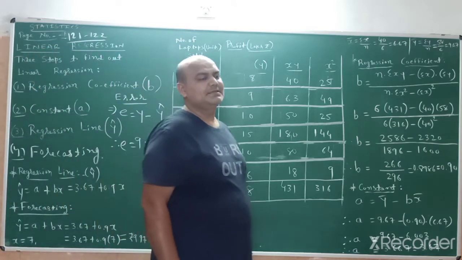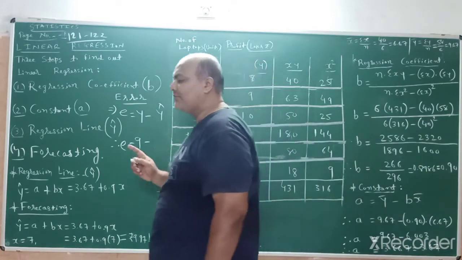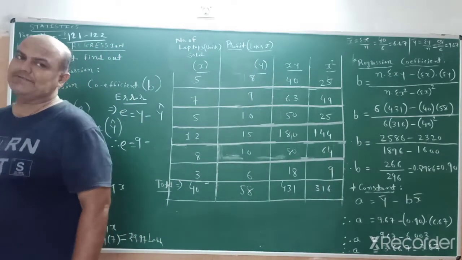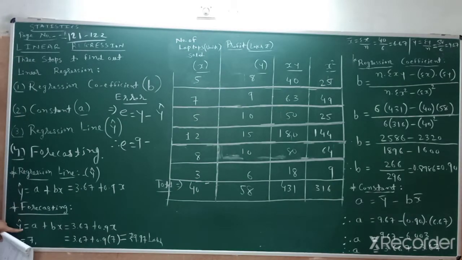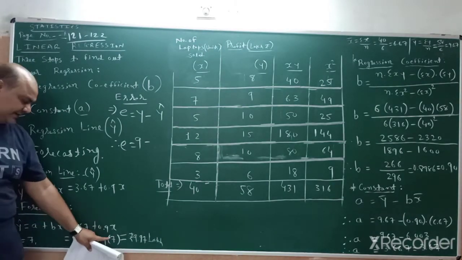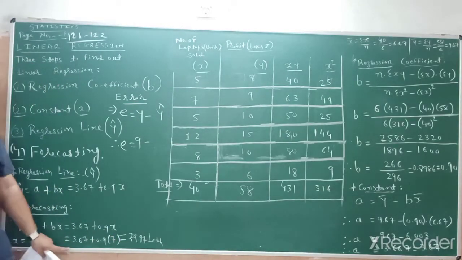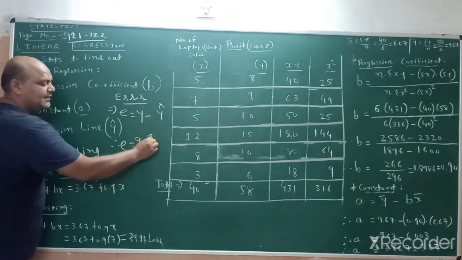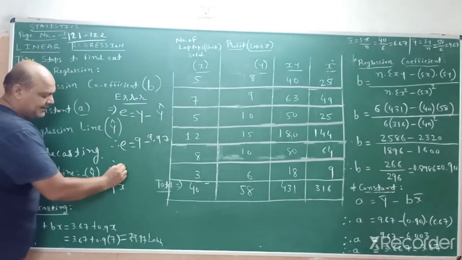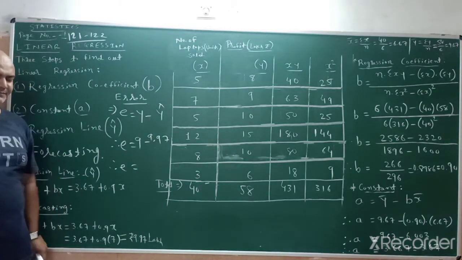And y cap means whatever answer we got of y cap after putting the value of x as 7. Here when we put the value of x as 7, then we got the value of y cap as 9.97. So in place of y cap we write 9.97. So the error is y minus y cap.